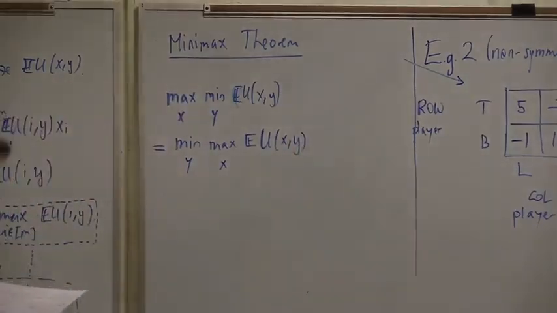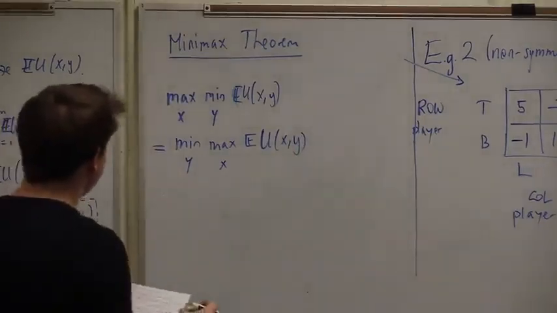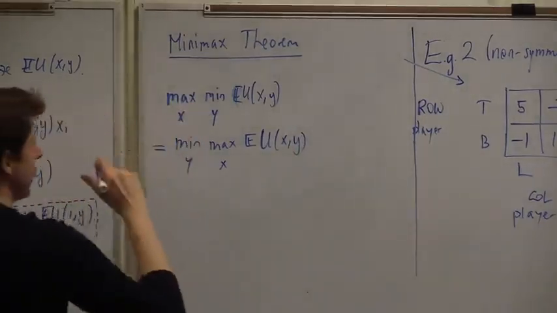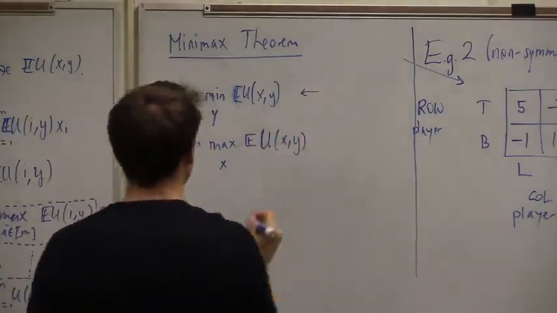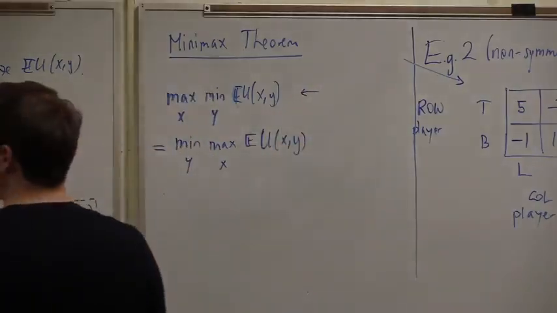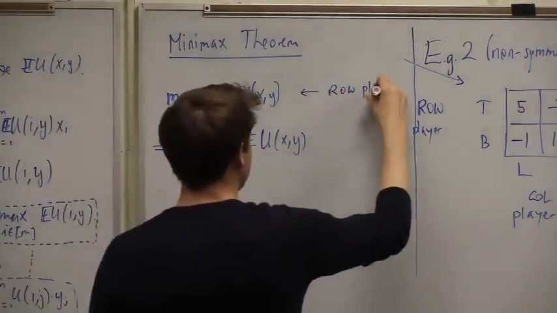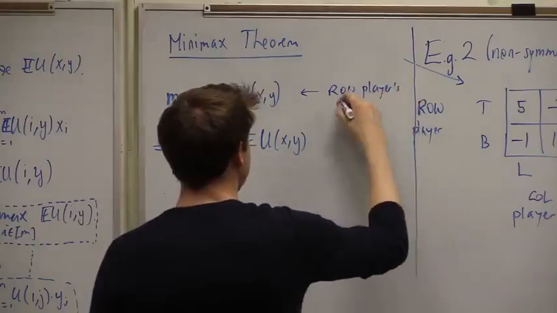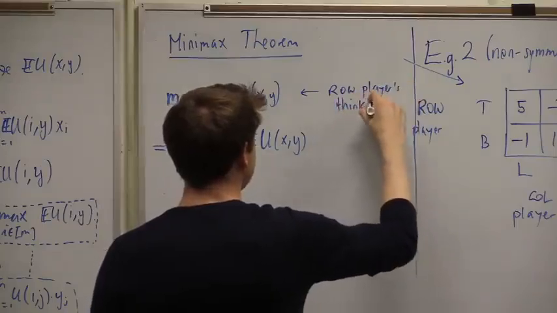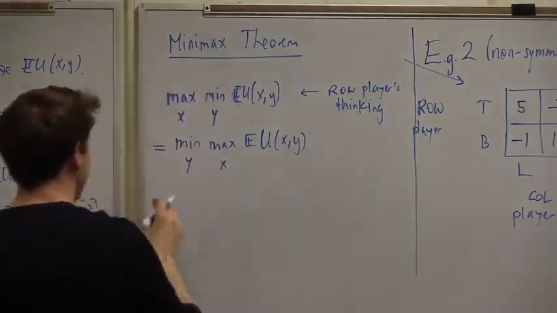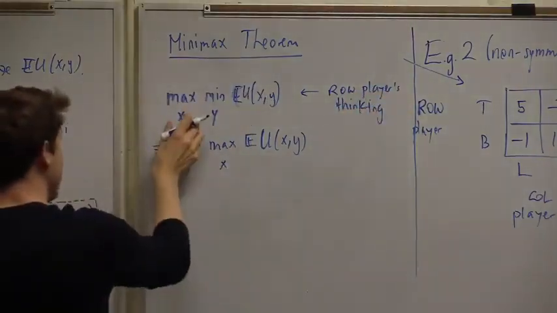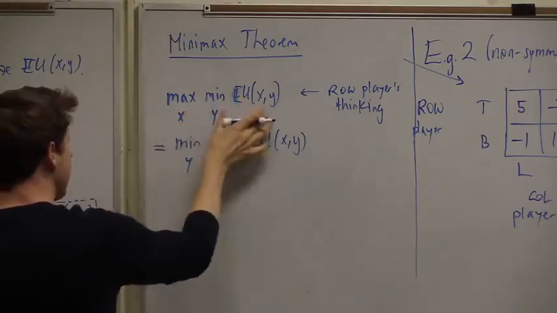And so this is the perspective of the row player's thinking, because he wants the best x such that given x, he's going to pay this.